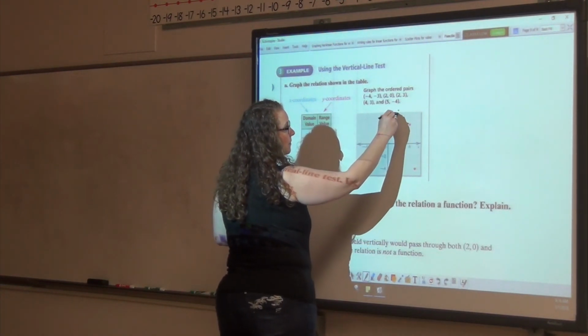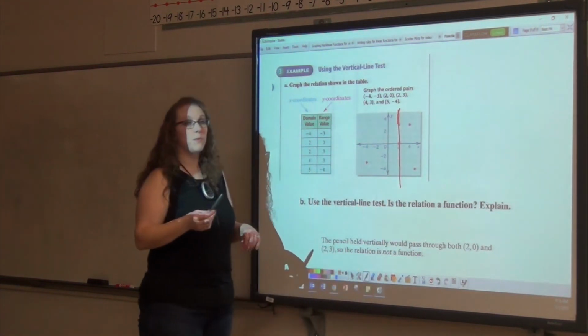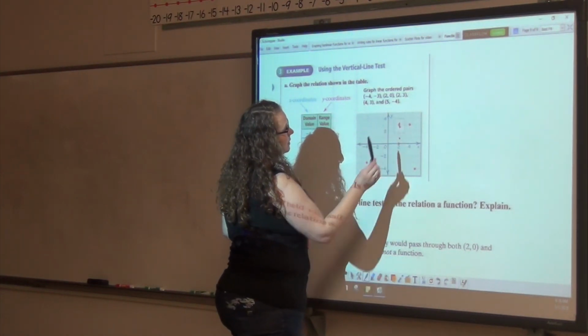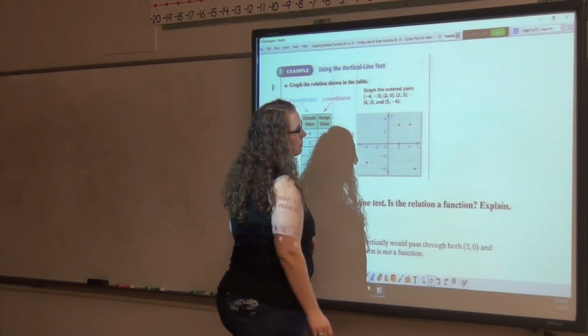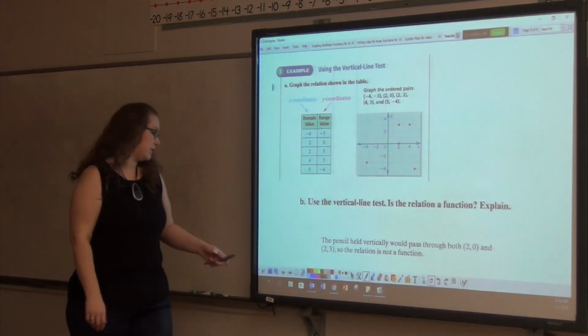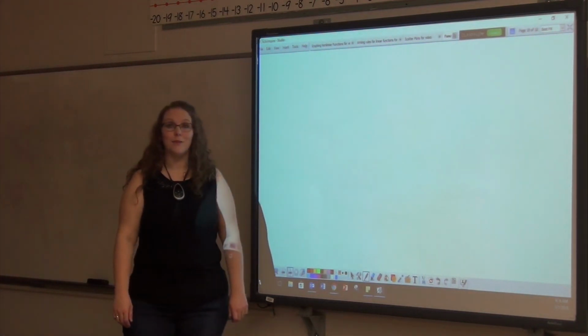Look at this. If I draw a straight line, we hit both those points at the same time. You can see I can line up my pen and it lines up exactly straight right there. We are hitting both of those points at the same time. So this does not form a function. All right, so that is it for functions.